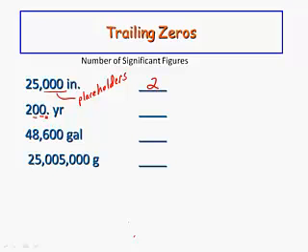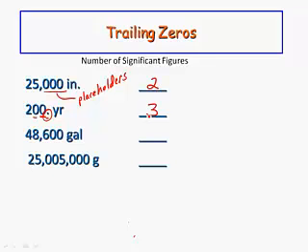And whenever that happens, in order to show that that 0 right there is significant, which is important to showing the precision of the measuring device, we would put a decimal there to indicate that these are both significant digits. So this value written in that way would have 3 significant digits.